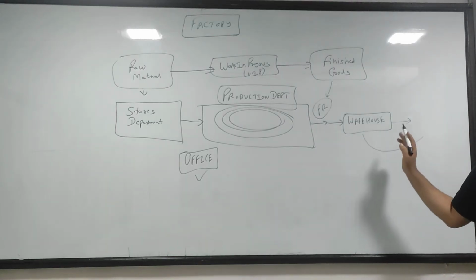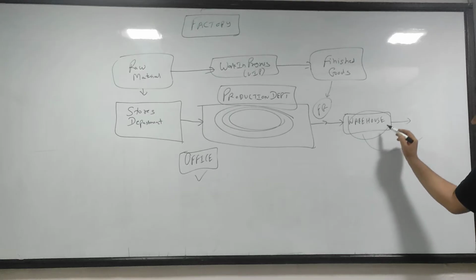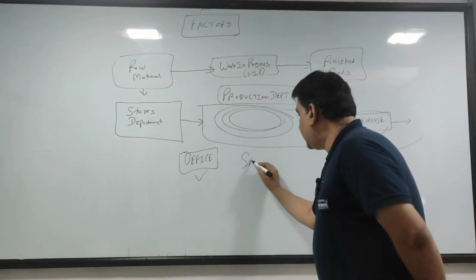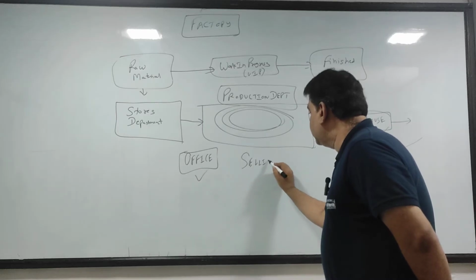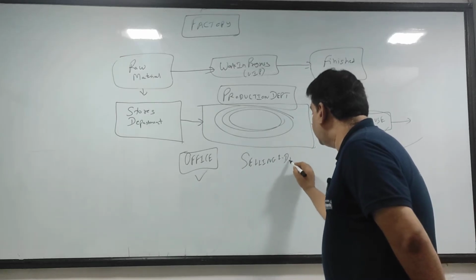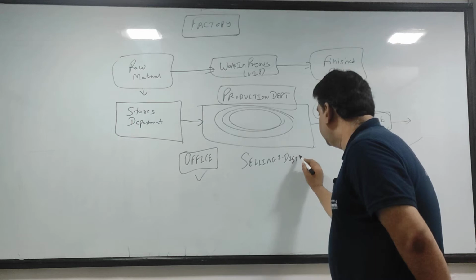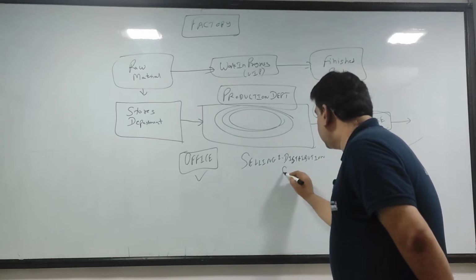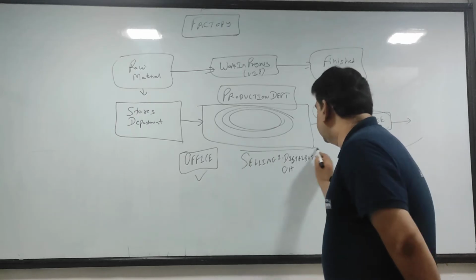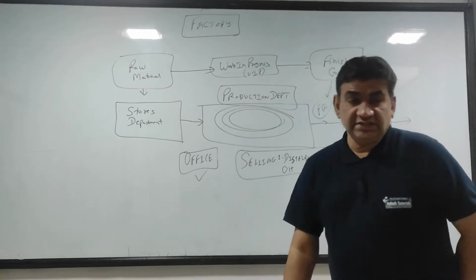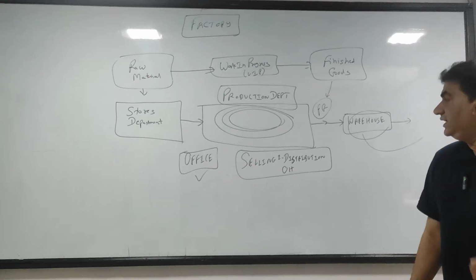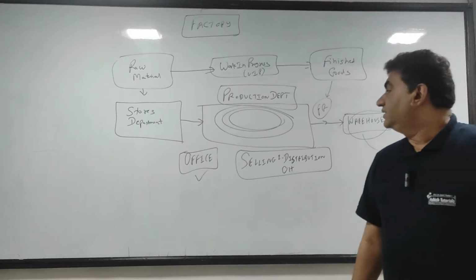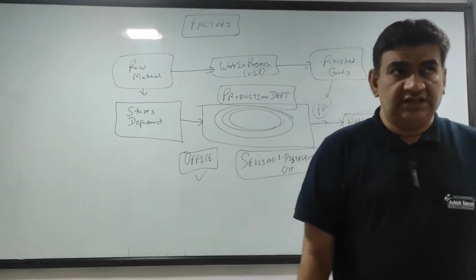So once the goods leave from the warehouse, whatever expenses are incurred after this, you all know very well, we call it selling and distribution overheads. Expenses incurred on selling and distribution are called selling and distribution overheads.